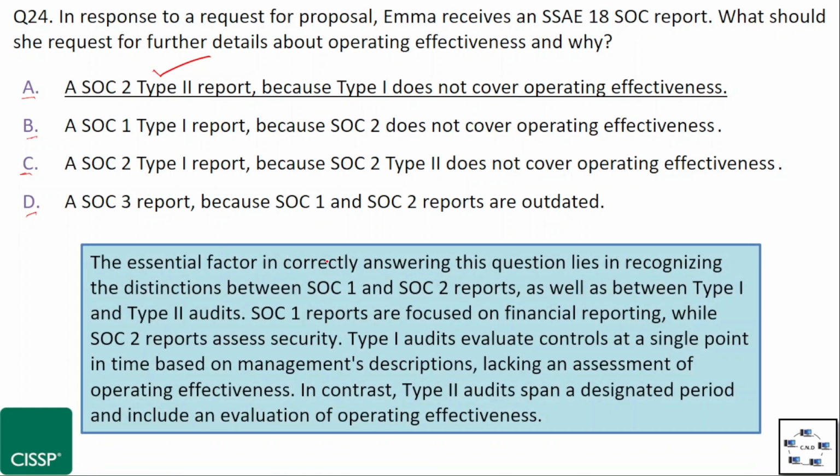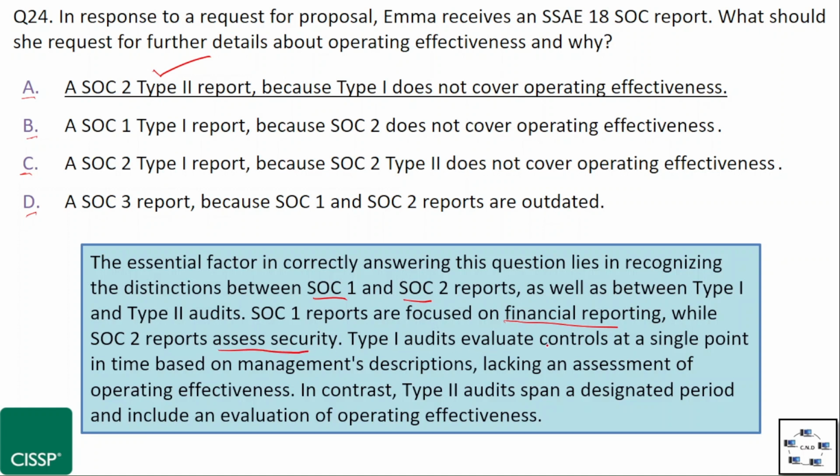So the essential factor in correctly answering this question lies in recognizing the distinction between SOC 1 and SOC 2 reports, as well as between Type 1 and Type 2 reports. SOC 1 reports are focused on financial reporting, while SOC 2 reports assess security.